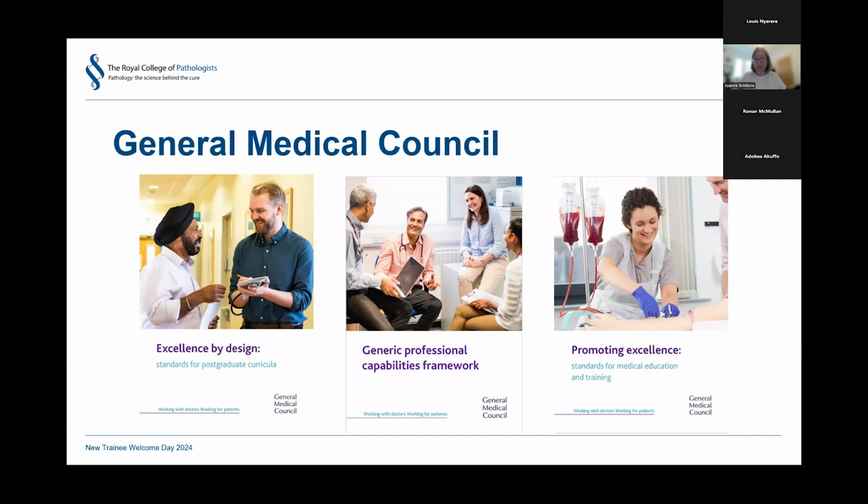And those standards for the first time incorporated generic professional capabilities. Again, you will see those throughout your curricula if you have a look through. And then the Promoting Excellence document applies to deaneries and is about the standards that the GMC apply to them in the delivery of the curricula that the college has set out.